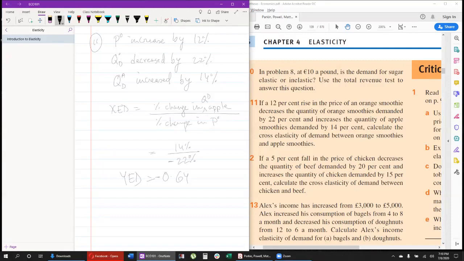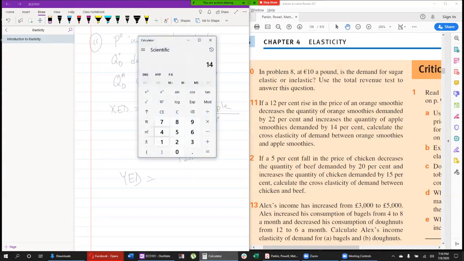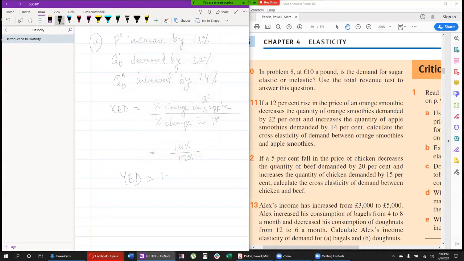Okay, sorry about that mistake. Price of oranges, so that's 12%. And as a result, once again, I'll need the calculator. So 14 divided by 12 gives us 1.167.